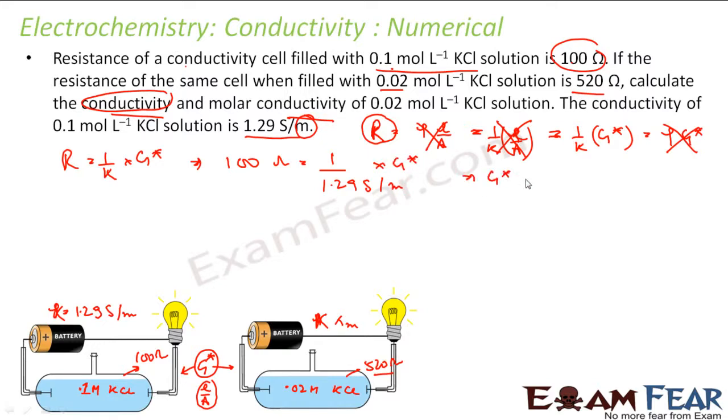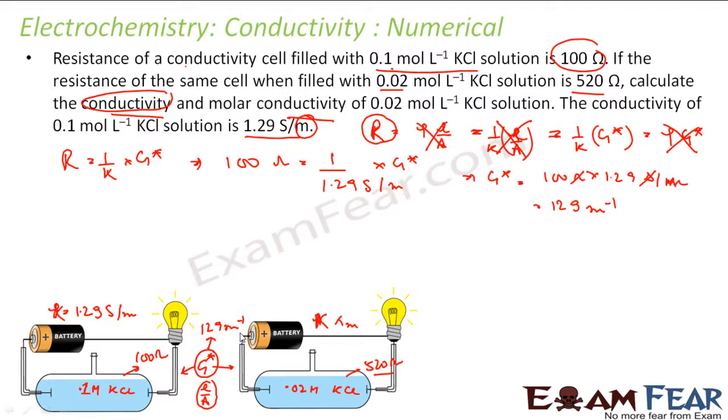So you solve this, you get G star as nothing but 100 ohms into 1.29 Siemens per meter. Siemens into ohms is 1, because I know that Siemens is nothing but per ohm. So when you solve this, you get 129 per meter. That is my value of cell constant, 129 per meter.